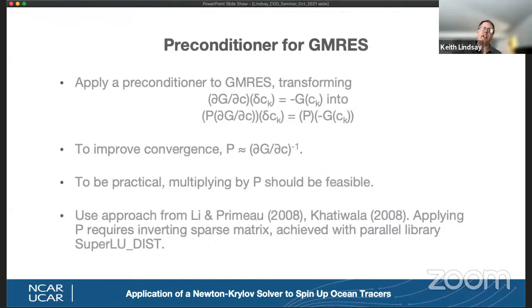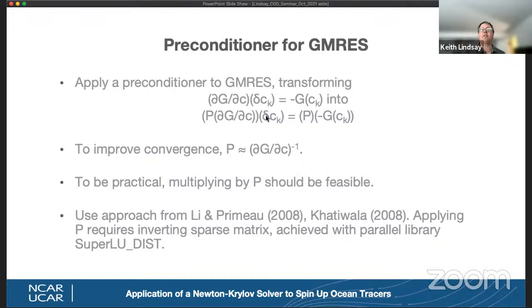But GMRes usually does not work well if you do not use what is referred to as a preconditioner. The equations that we are dealing with are poorly conditioned from a mathematical point of view. And so we introduce a preconditioner to regularize the system of equations and increase the convergence rate of the Krylov method.